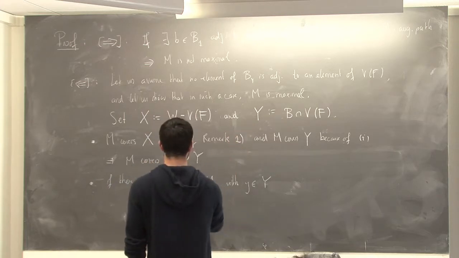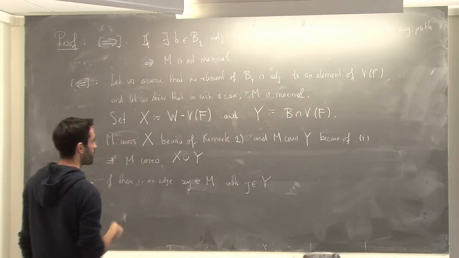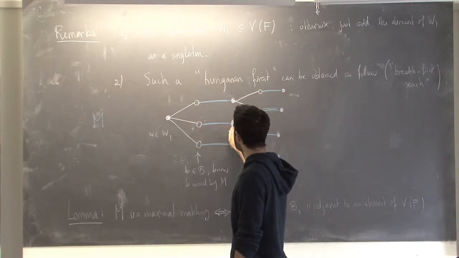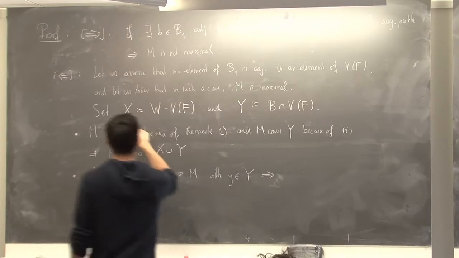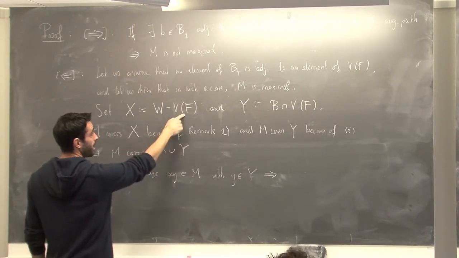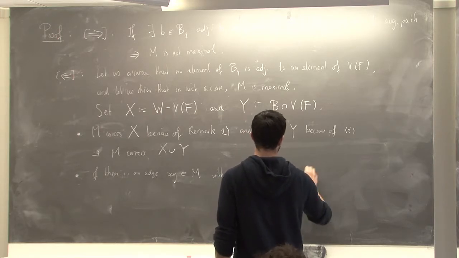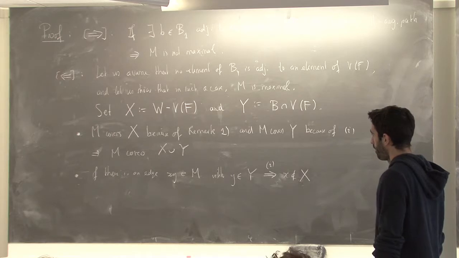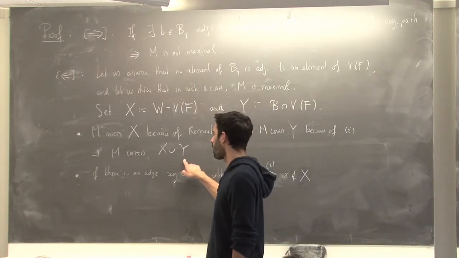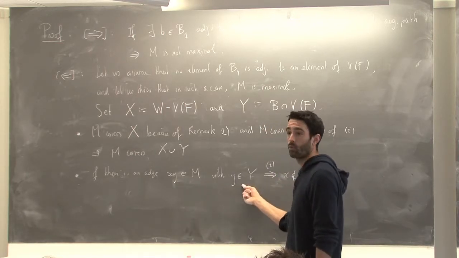So it means I have an edge here with y, a black vertex in F. Well, by point 1 that I just erased, this black vertex is linked by this edge of M to an element which is in F. So it means that small x is in F, so not in X. Okay, so M covers X and Y, but you never have an edge of M with x in X and y in Y.